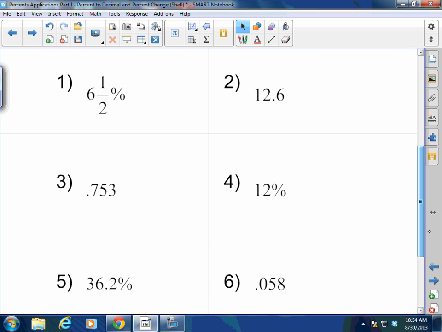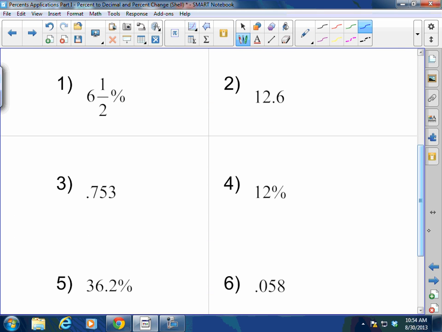Let's go ahead and practice a little bit. Okay, 6.5%. A lot of people get confused here. I can't convert this percent like this because it has a fraction. So I have to convert that fraction into a decimal.